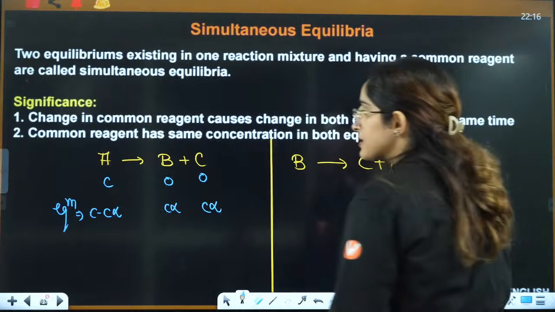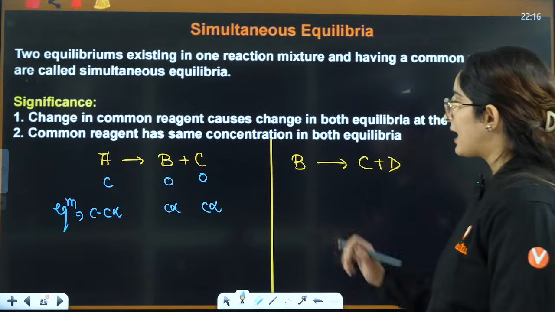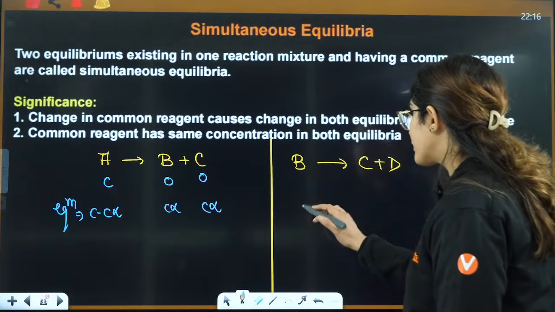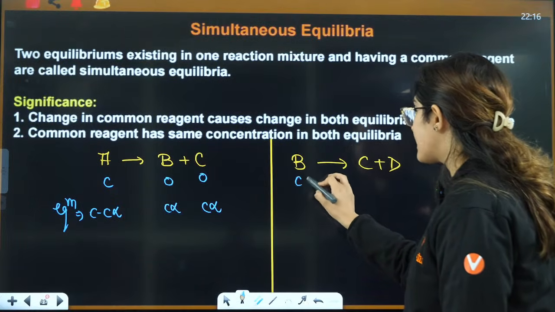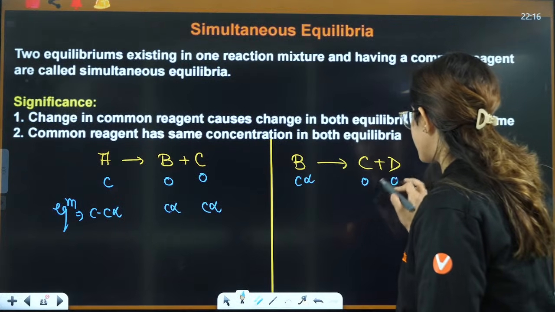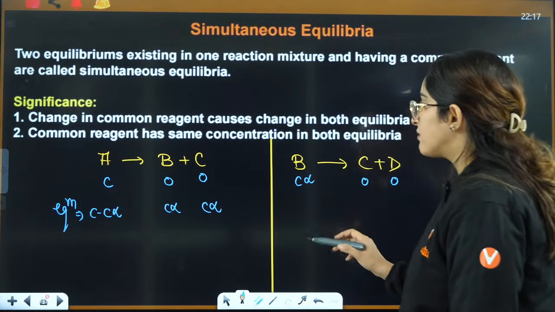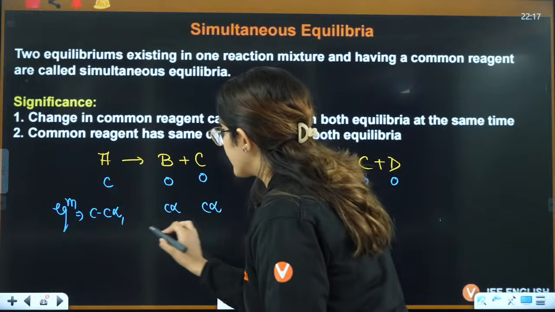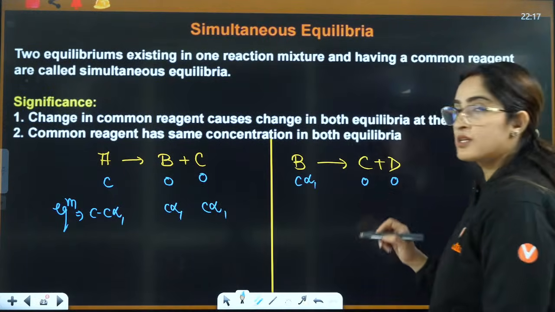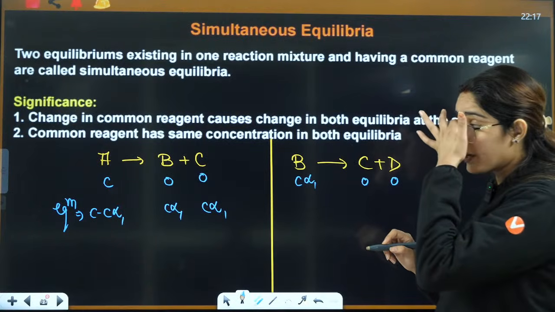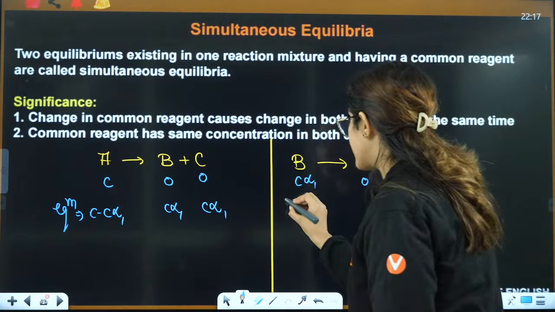Now for the second equilibrium, B is initially C alpha and the others are 0. Let's say the degree of dissociation in the first equilibrium is alpha 1, and in the second equilibrium the degree of dissociation is alpha 2. So how much is taken out?